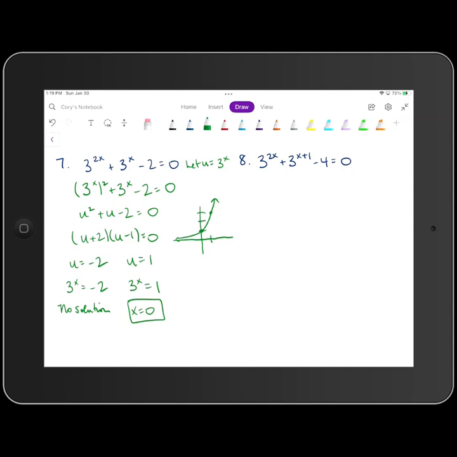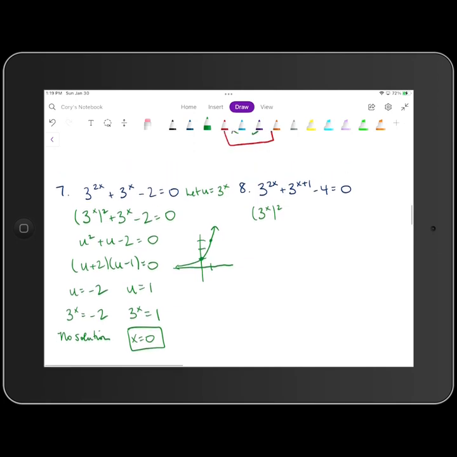All right, let's take a look at number 8. For number 8, we have 3 to the 2x power plus 3 to the x plus 1 power minus 4 is equal to 0. We can approach this very similarly. The first term, 3 to the 2x power, is 3 to the x power quantity squared.